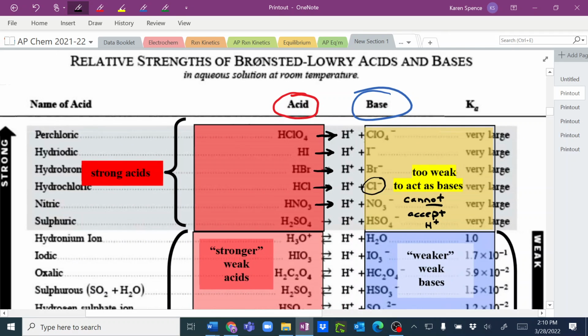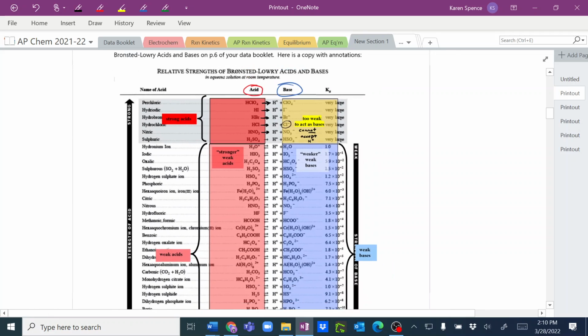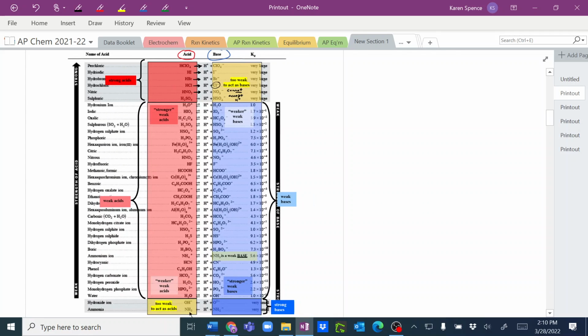Now, as we go down, as we get out of the strong acids, we get into the weak acids. Everything in that pinkish shade on this table, all the way down to that bottom gray zone, those are weak acids.